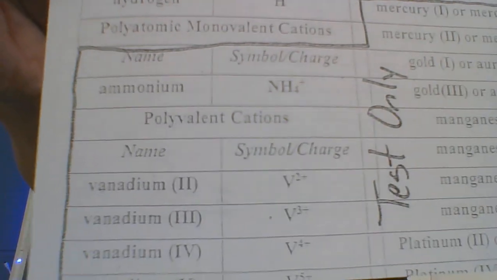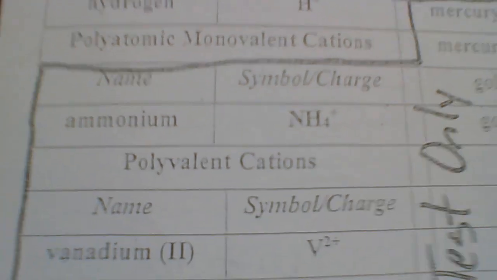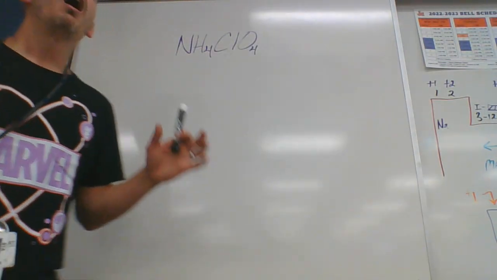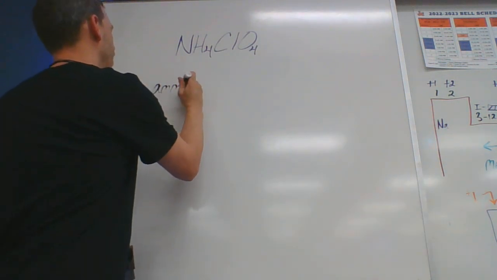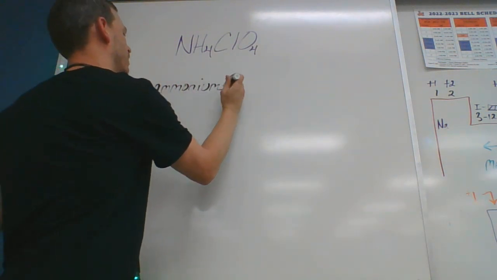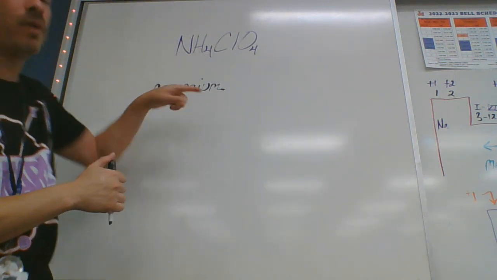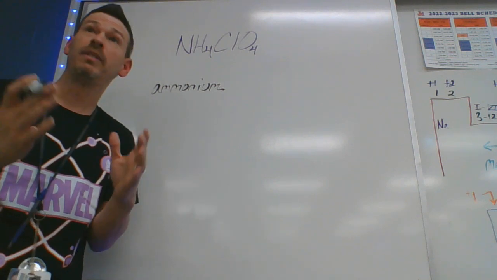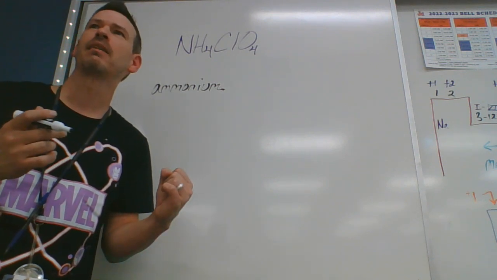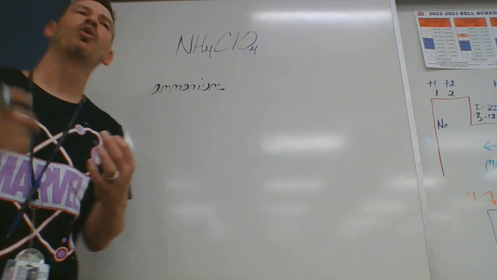See the NH4 in the test-only section? NH4 is pronounced ammonium. All right, so NH4 is ammonium on your polyatomic list. Now, one that you did memorize, and you're like, hey, I know that guy because I'm such a good student. What is ClO4? Perchlorate.